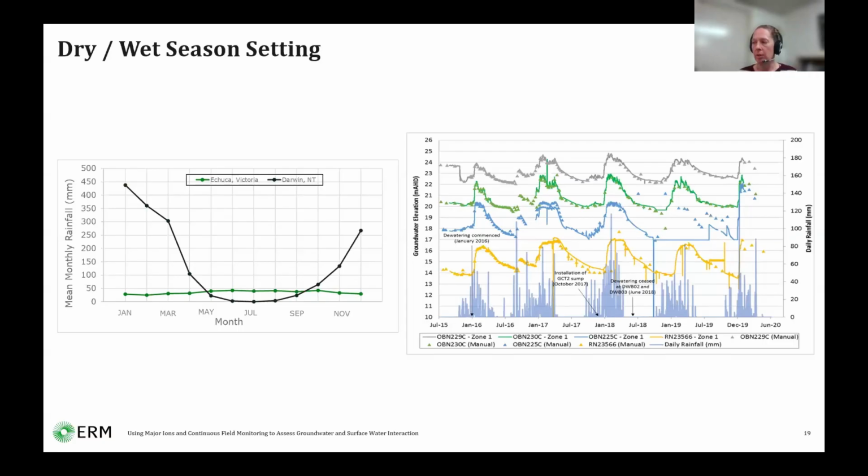When the rainfall starts during the wet season, you then get an increase in the groundwater levels or the groundwater elevations, which peak ultimately and then decrease in the dry season. So for these bores, the difference is about 2 meters, but it's not uncommon to see much larger changes in groundwater elevations between the wet season and the dry season.